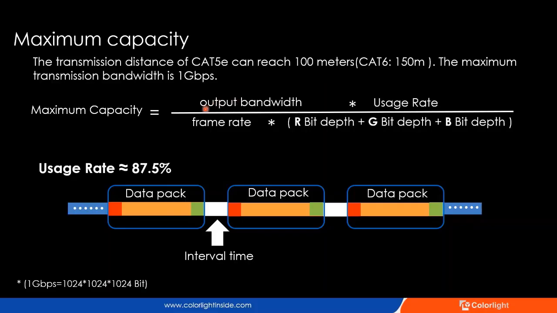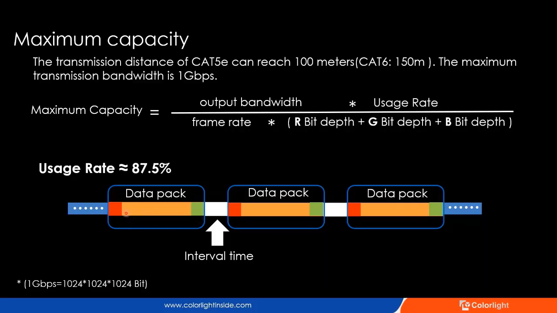Let's see. There is a formula to calculate the maximum loading capacity. The maximum bandwidth of an Ethernet cable is fixed, 1 gigabit. The usage rate means what percentage of 1 gigabit can be used to transmit data. The data is transmitted in the form of data packets, like the blue rectangle.